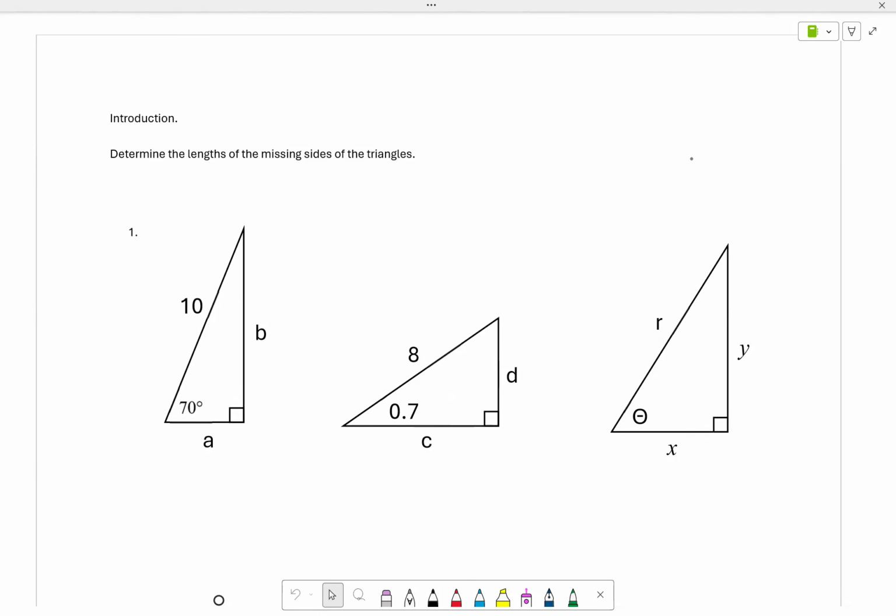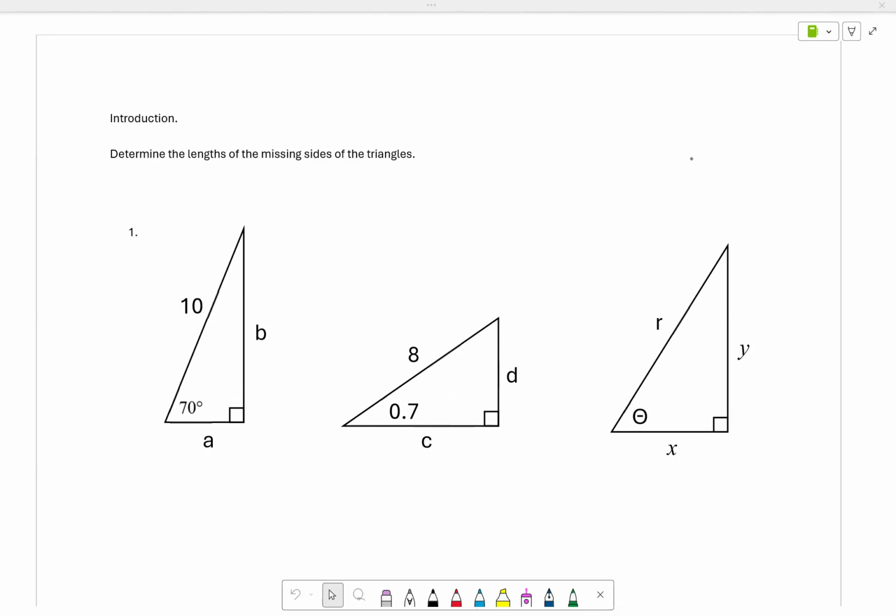What's 7 degrees? A is 9.1 degrees. Sine of 0.2.